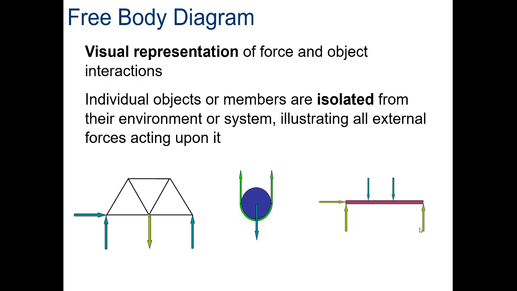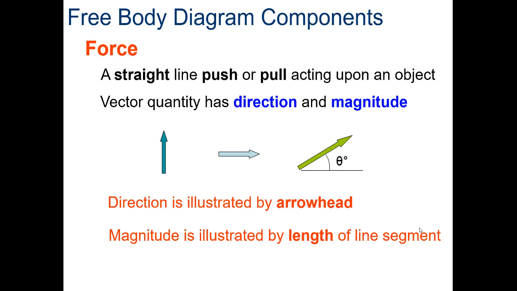If you're sitting in a chair, then there are forces acting on you, on the chair, and on the floor. So everything that we have has some type of force that is affecting it in some way on planet Earth.